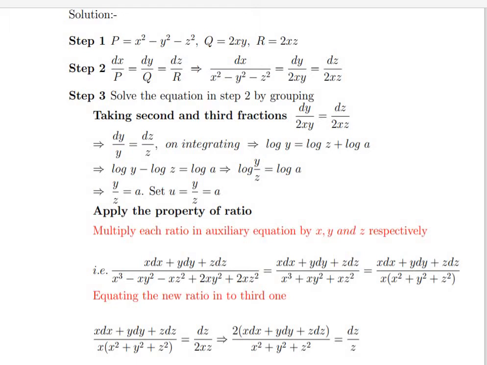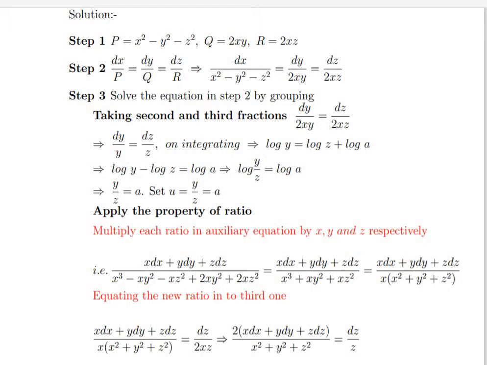Here we won't cross multiply because the variables are already in the variable separable pattern, so we can directly integrate.